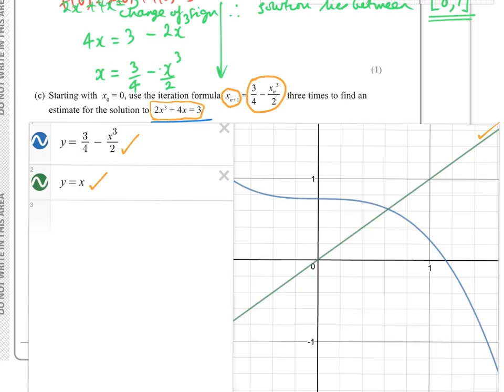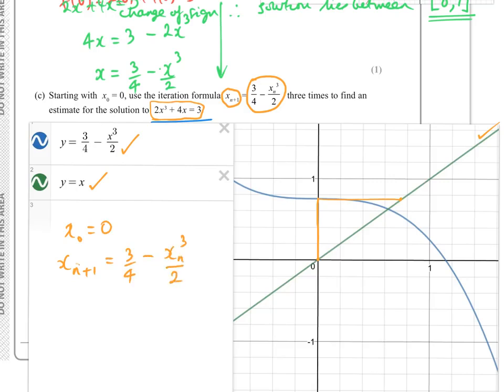So the idea with starting with x0 is 0 is to say, right, okay, my first value of x is 0, so this reads up to the graph, and then along to another value of x that we then try. So if I put x equals 0 into this iterative form, let's see what we'd get. And our graph should tell us the truth on this so we can see.